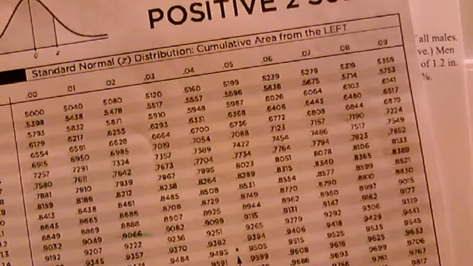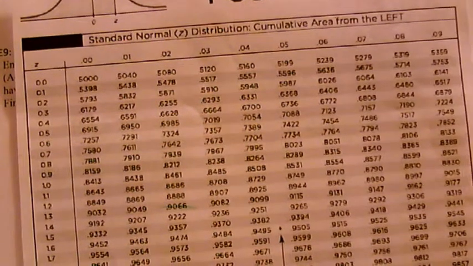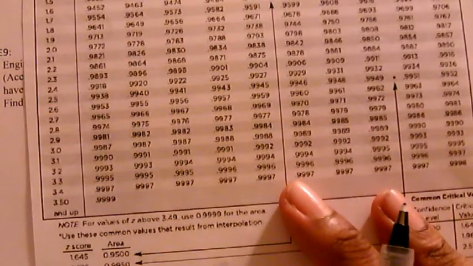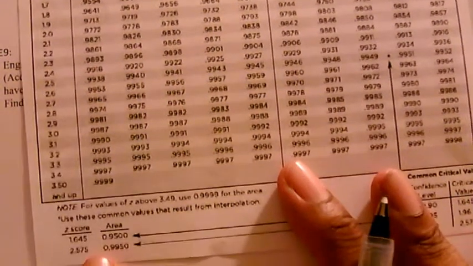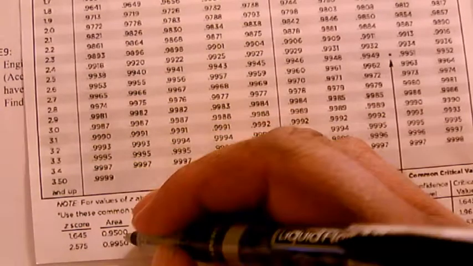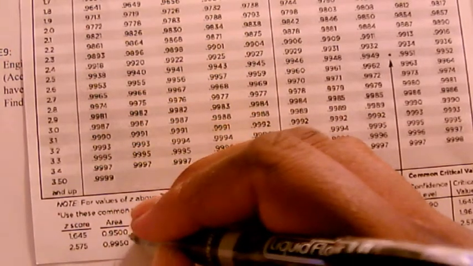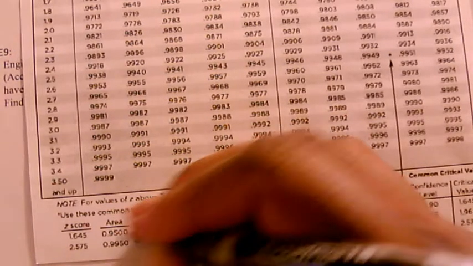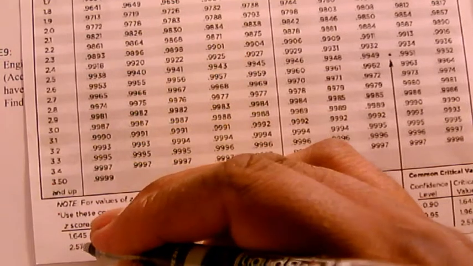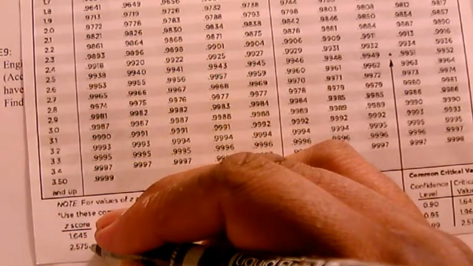Now, if we use this table right here, there's something down here at the very bottom that tells me what the area is and its z-score. The area that we have is 0.9500. Look at the very bottom here. You'll see the area of 0.9500. To the left of that, that's your z-score, which is, in this case, 1.645.